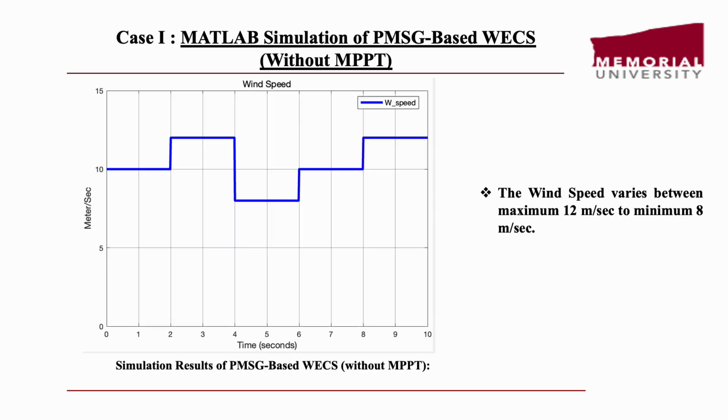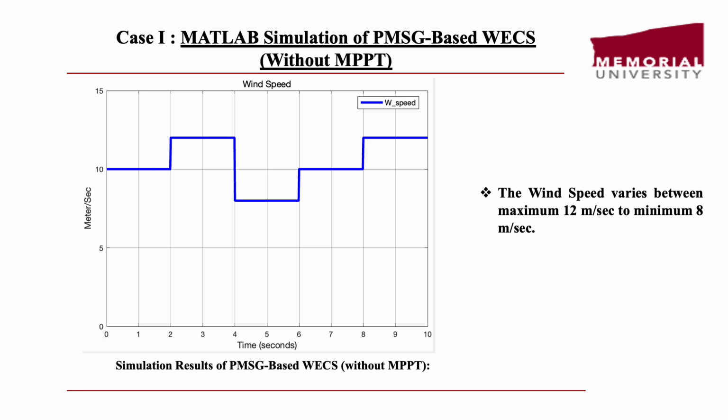Now this is a graphical representation of the input of the wind turbine, which is obviously the wind speed. The nominal wind speed for this wind turbine has been taken as 12 meters per second, but for the simulation we have varied this wind speed from 8 meters per second to 12 meters per second.